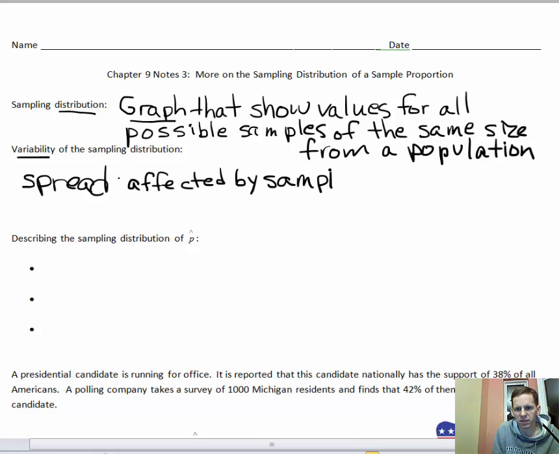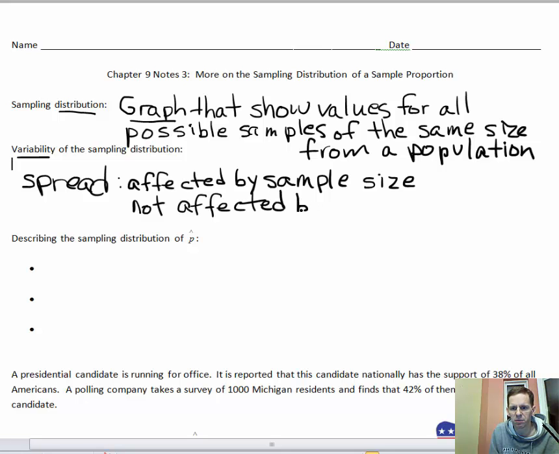The bigger the sample is, the less spread out the graph is. The variability of this graph is not affected by the population size. This should be reviewed from yesterday. Refer to yesterday's notes if you have questions on this.